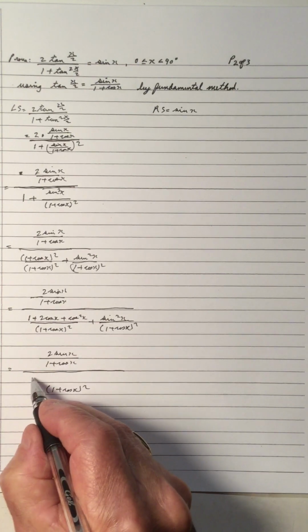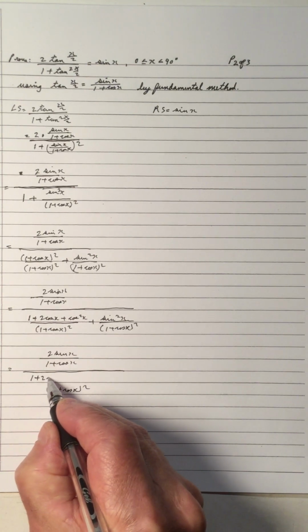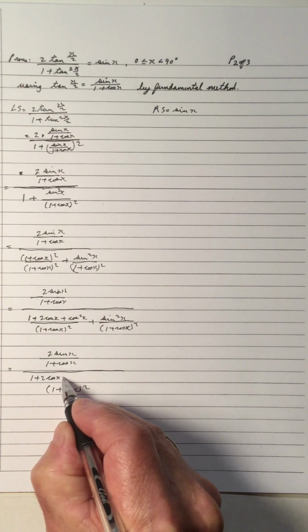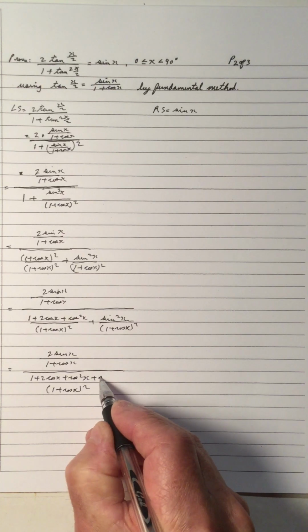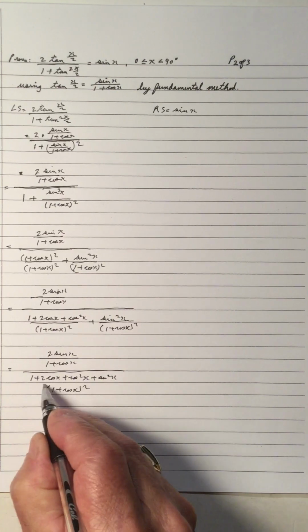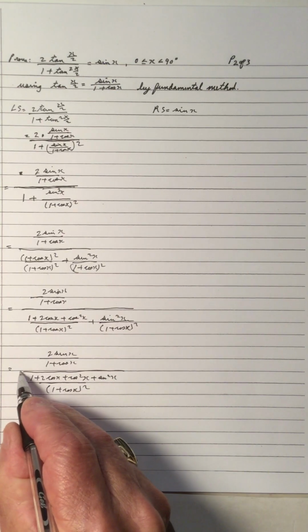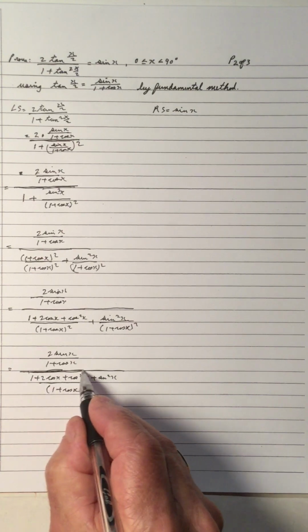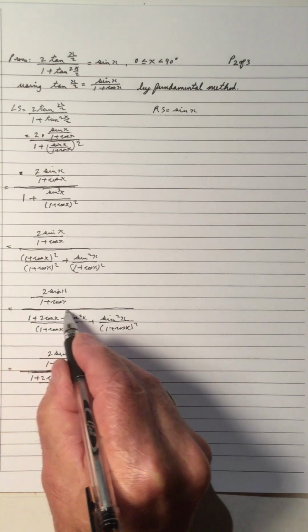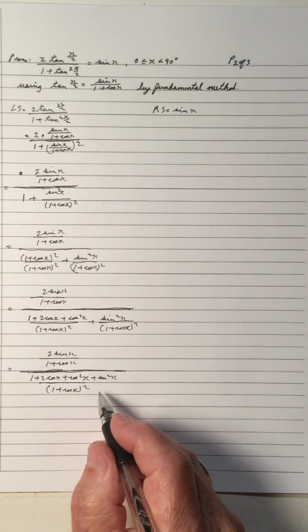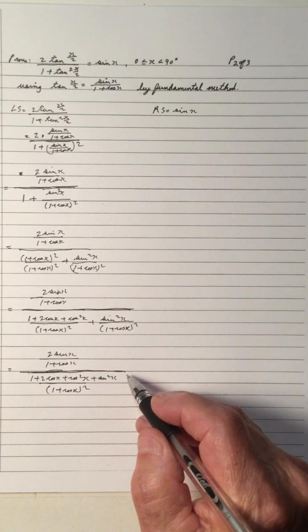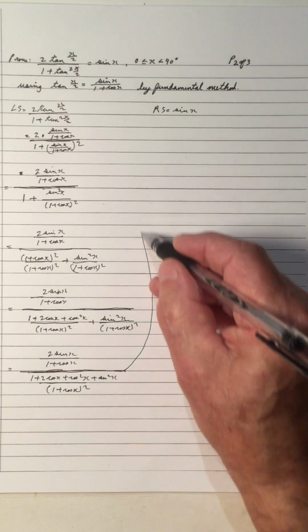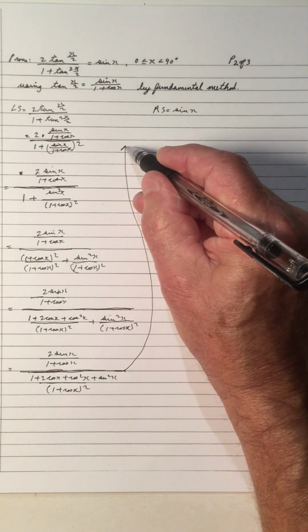I'll combine these, so it's 1 plus 2 cos x, add on cos squared x plus sine squared x. The main division is there, and I'm going to go up to the top now to give myself more space.